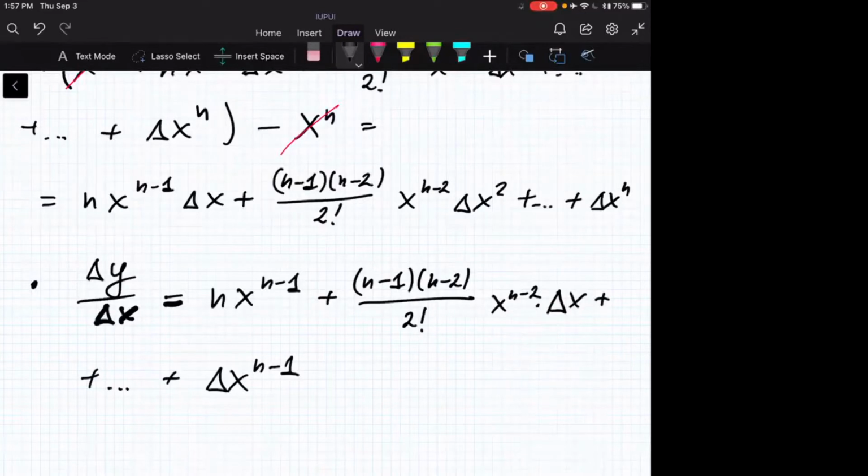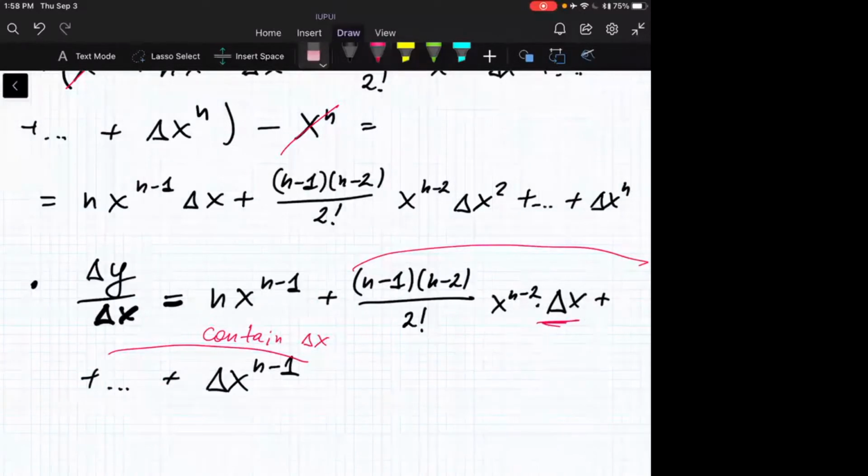So what is crucial is that all terms except the first one contain delta x. So this one has just delta x.